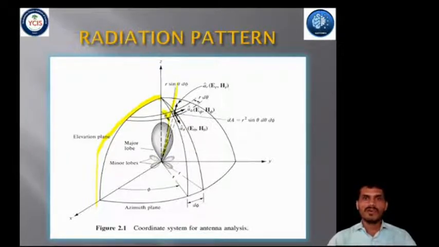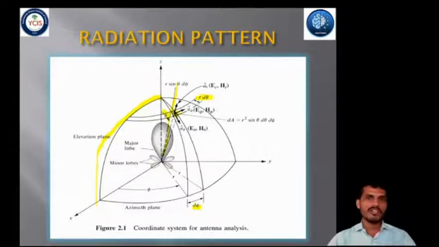Now this area is occupied by r d theta and also r sin theta d phi. Now these coordinates are known as a_r, with E_r, that is the electric field strength, and H_r, that is the magnetic field strength of that particular coordinate.